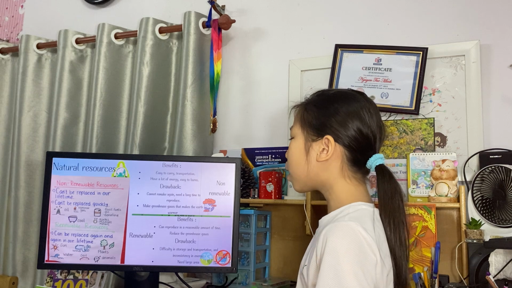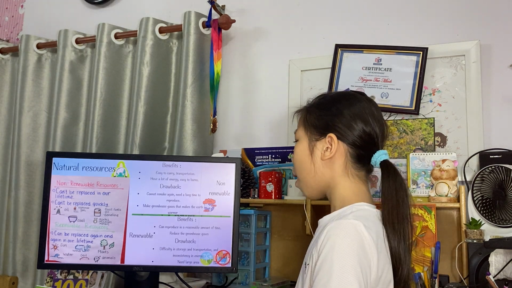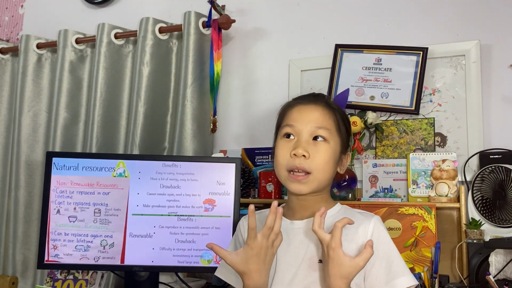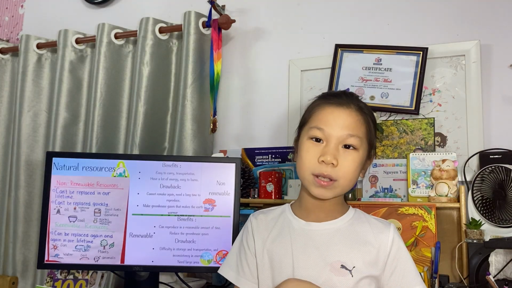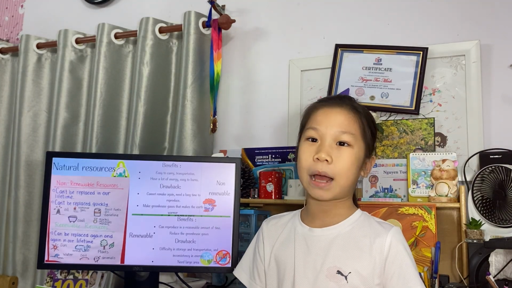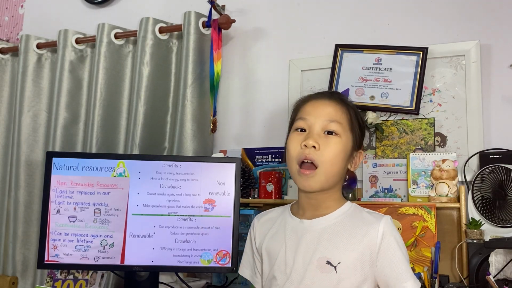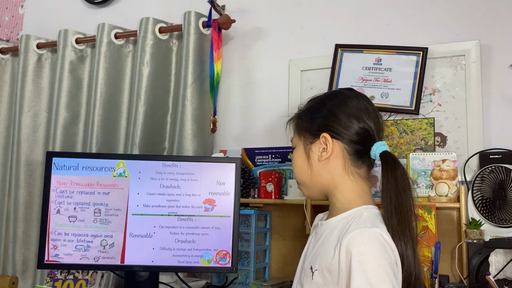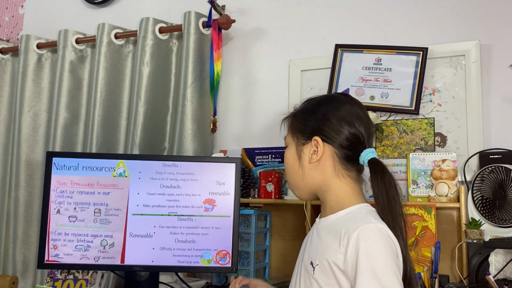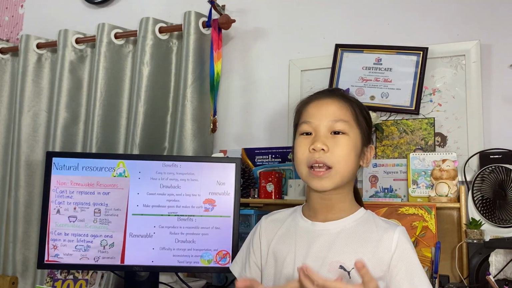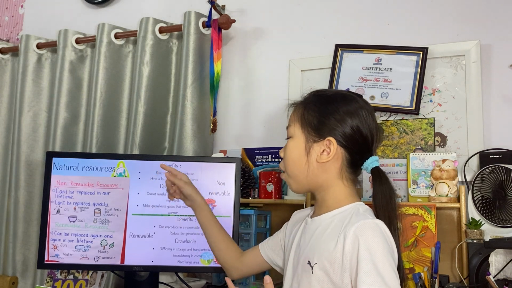So now we're going to look at the renewable resources. Well, they have some good points, like they can reproduce in a reasonable amount of time, so we can see the plants and animals reproduce. And also the plants help to reduce the greenhouse gases that people make by burning oil and coal.